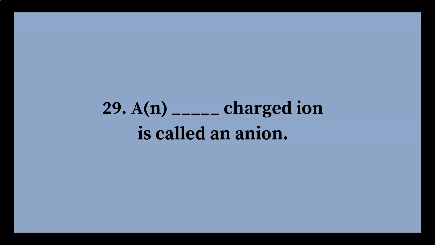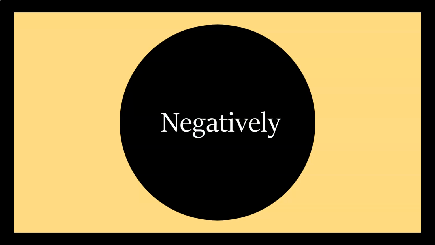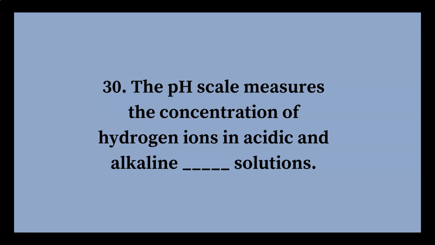A blank charged ion is called an anion. The pH scale measures the concentration of hydrogen ions in acidic and alkaline blank solutions.